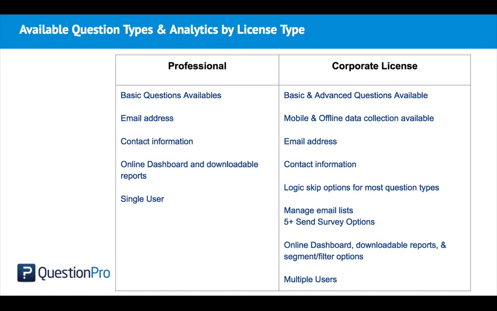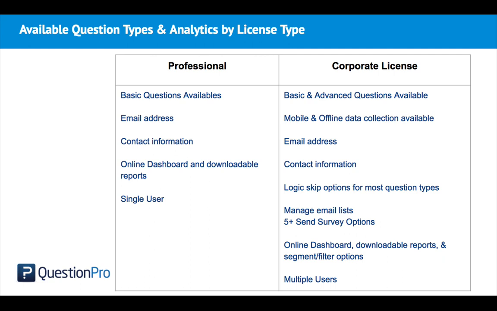You also have options to deploy the surveys via mobile or on an offline data collection tool through our system. And also you'll have access to the email question type, contact information, as well as logic skip options for most question types, and be able to manage an email list and have access to over 5 different survey sending options.